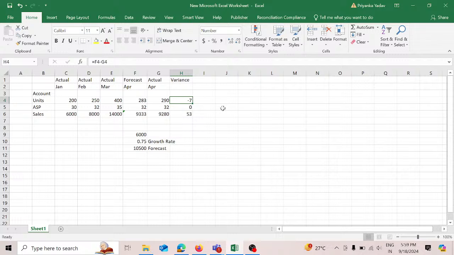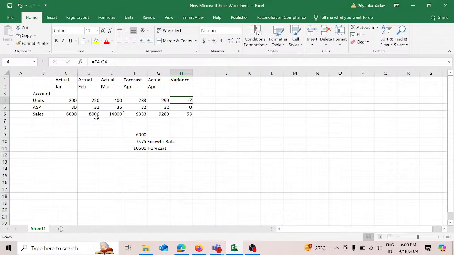So the condition for the validation rule in the data form would be that if the variance is greater than 0, then we highlight the cell with the red color. If it is less than 0, then we highlight the cell with the green color.